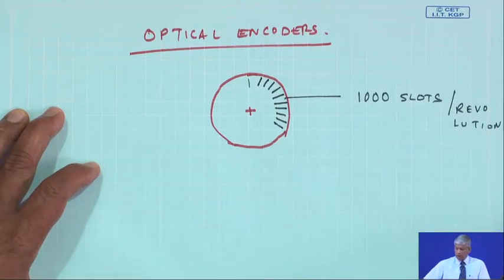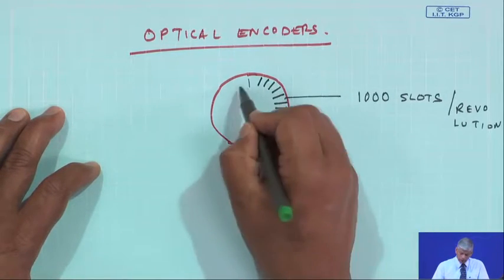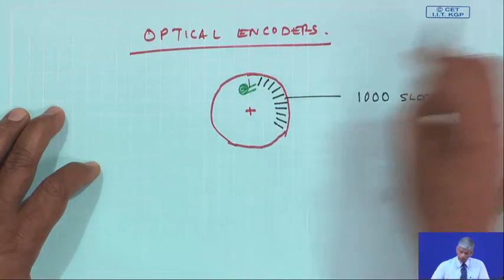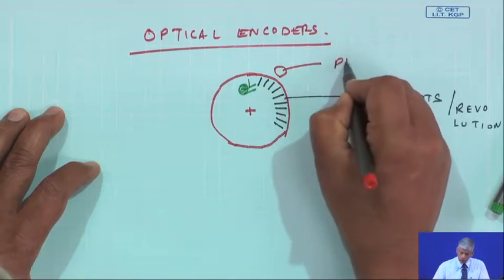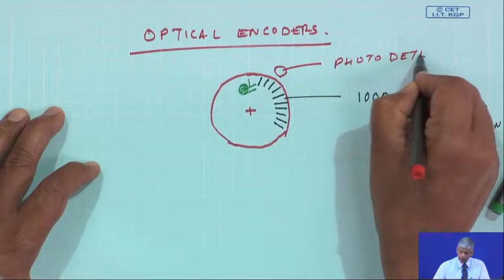Now, if I have an arrangement wherein I shine a light source at one end, and I have a photo detector at the other end.